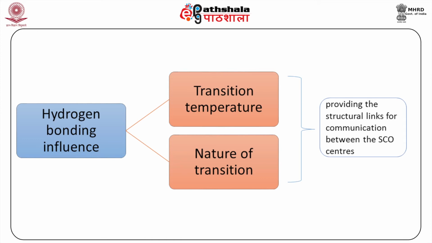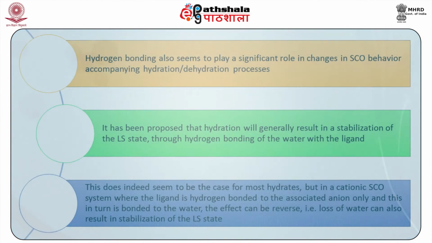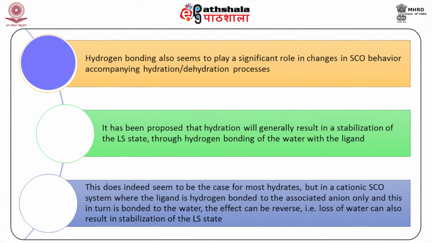Thus, the extent to which anion or solvate molecules can form hydrogen bonds with the spin crossover center will likely influence the nature of transition. Hydrogen bonding also seems to play a significant role in changes in spin crossover behavior accompanying hydration, dehydration processes.